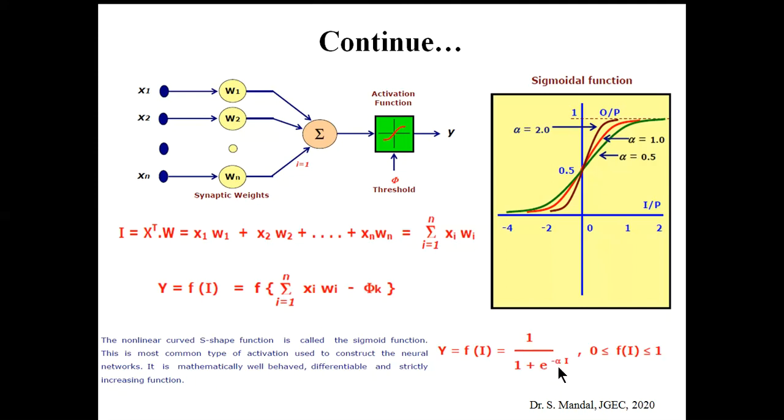Depending on the value of alpha, the shape can be changed, like strictly increasing or strictly decreasing. The slope, or the increasing factor, can be controlled by this parameter alpha. By default, the value of alpha can be set as 1. This is the optimal value, but we can take another value also.